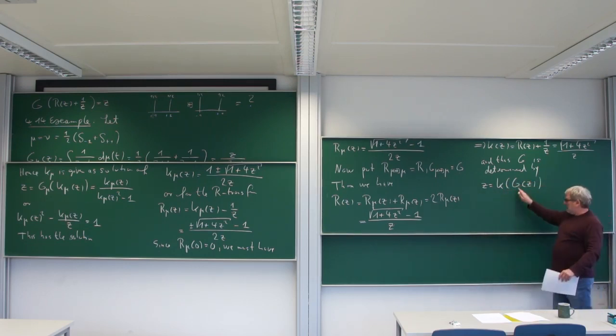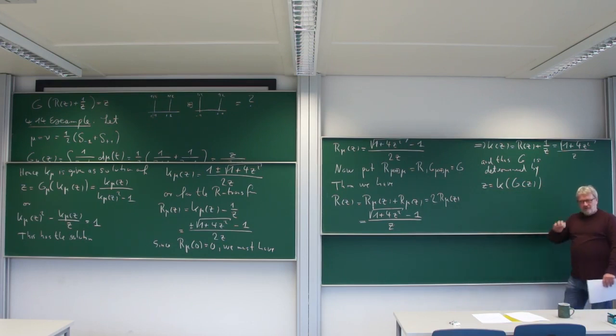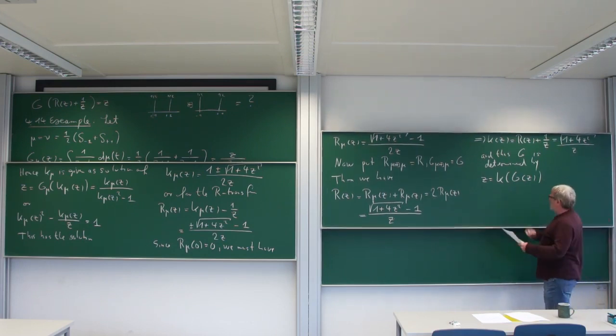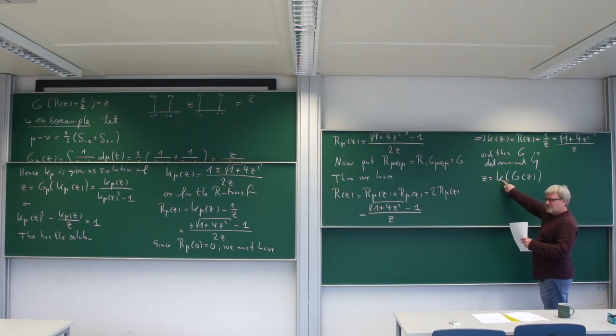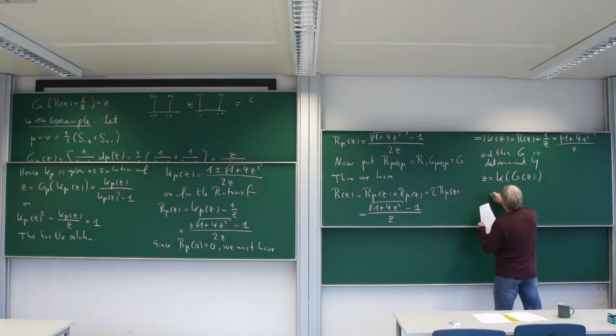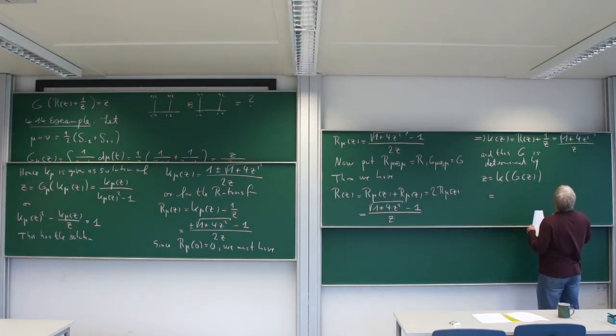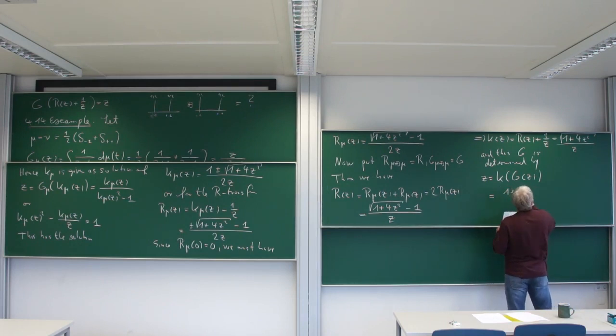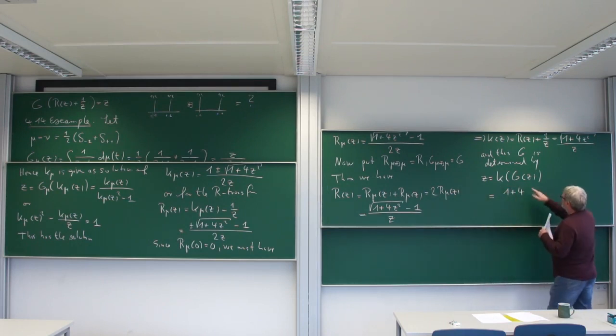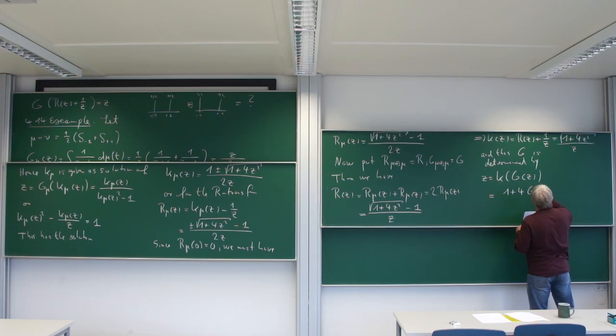It's also saying that G and k are inverse with respect to composition. Okay, now because I know k, this gives me an equation for G. So then this k was this, so it's the square root of 1 plus 4 times the square of the argument, but the argument is G, so I have G of z squared, the square root of this, divided by the argument, which is G of z.